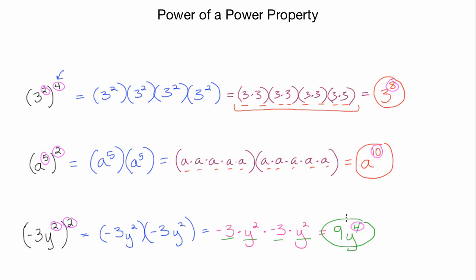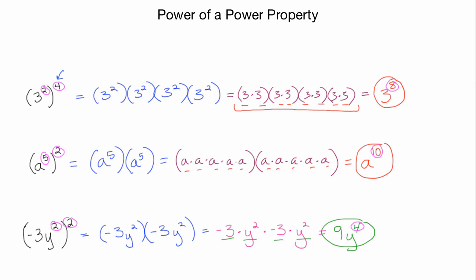What happens is when I have a power of a power, I'm essentially doing groups of numbers. 4 groups of 2 in this case, 2 groups of 5, and for the y's, 2 groups of 2. That's just multiplication. So when you have 2 powers going on, it becomes a multiplication problem.